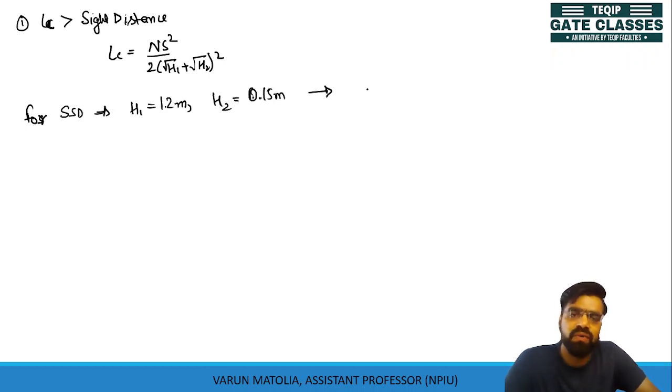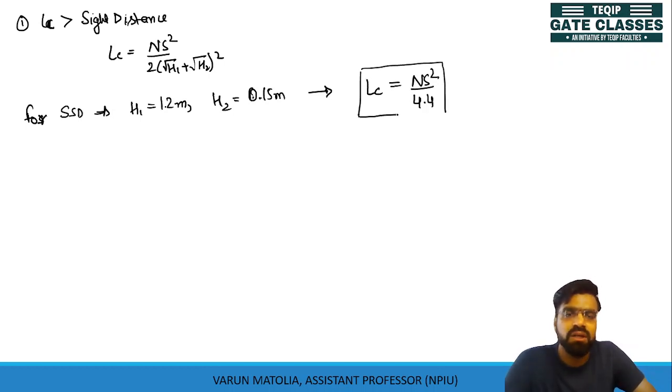So this equation for L for SSD will be simplified as n s square by 4.4. We simplified and wrote the value of the denominator.